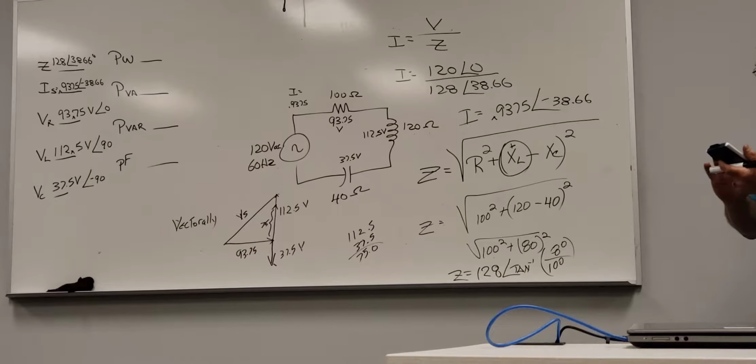Equal 75. There we go. 93.75 squared plus 75 squared, square root, answer is 120.